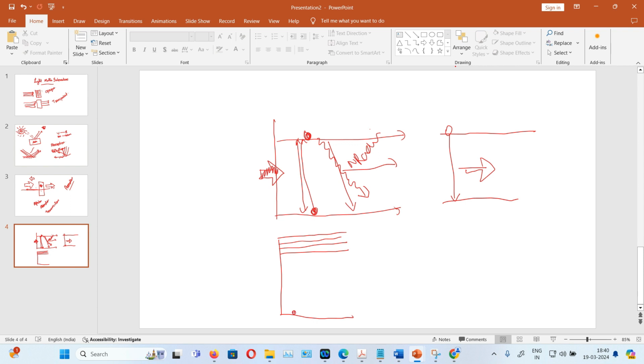So, from the ground state, the electron is excited to some excited state level. From there, it comes back to the lower energy level of the excited state, and from there it gets de-excited with the emission of the photon.